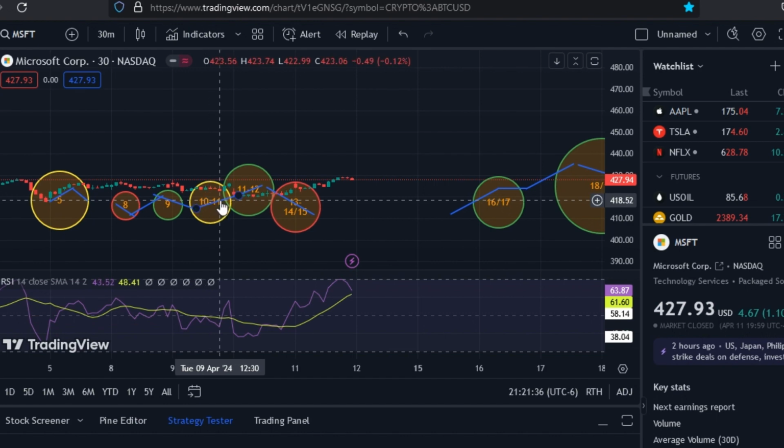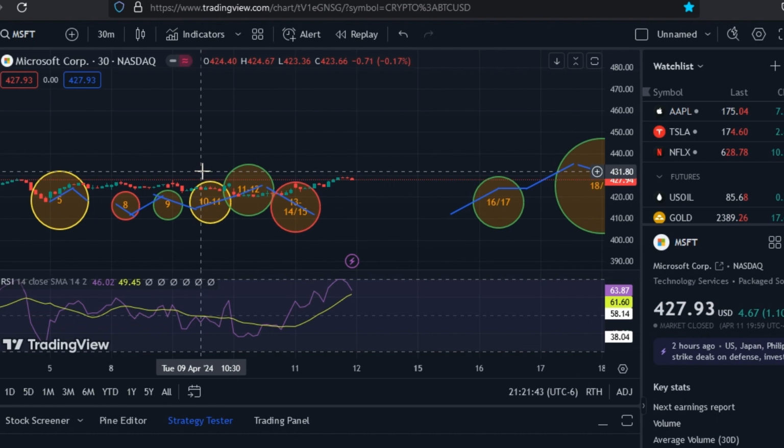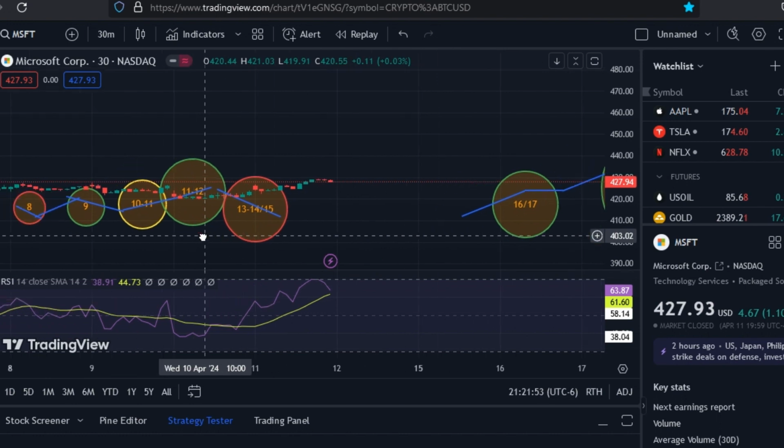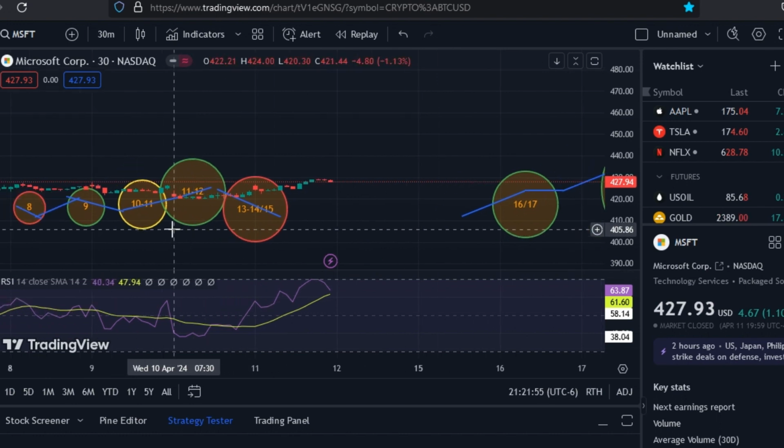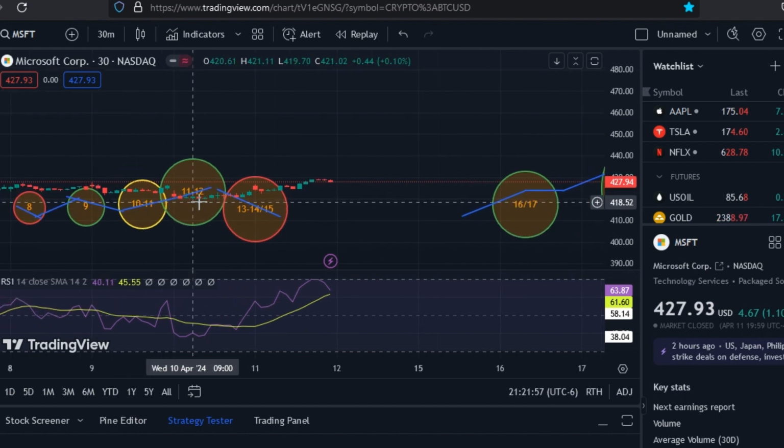April 10 begins right here and ends right here. It's not trendy, but stays more in range. You can see that I was predicting it would happen on one of these two days, so this range happened on April 10.